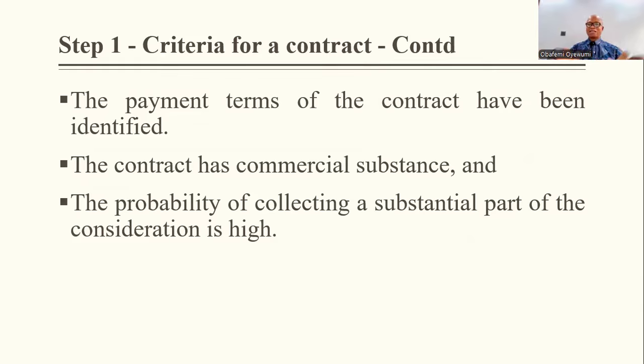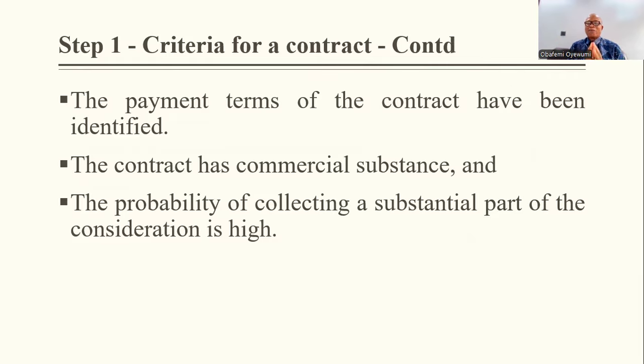This is called collectability assessment. An entity must be able to determine that it is probable that it will collect substantially all of the consideration to which it will be entitled under the contract in exchange for goods or services that it will transfer to the customer.